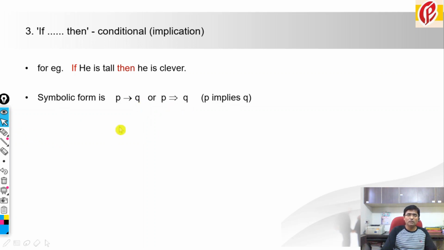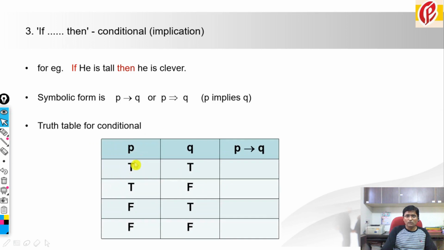Now we'll see the truth table for the conditional statement. So P, Q and P implies Q. In the first row both are true. In the second row first is true, second is false. Third row false, true, and the last false, false. Now here, if P is true and Q is true, then the conditional statement is also true.